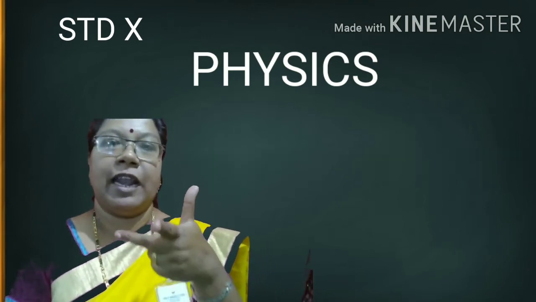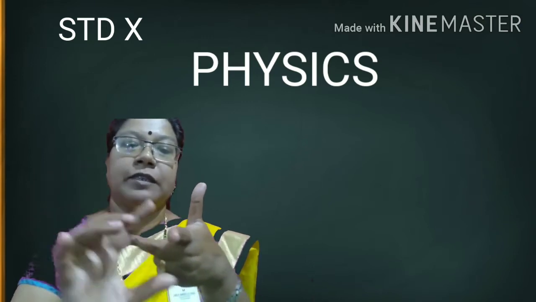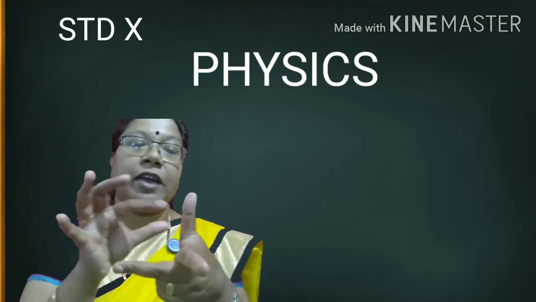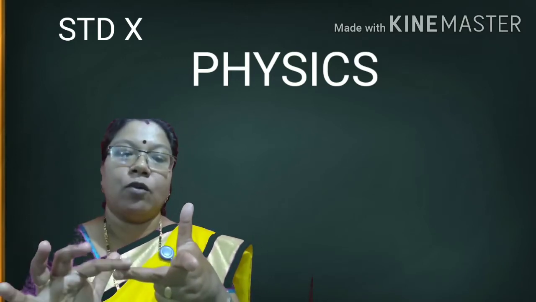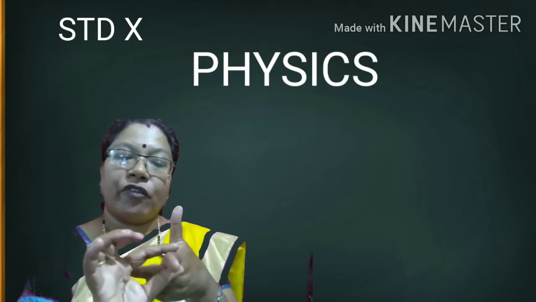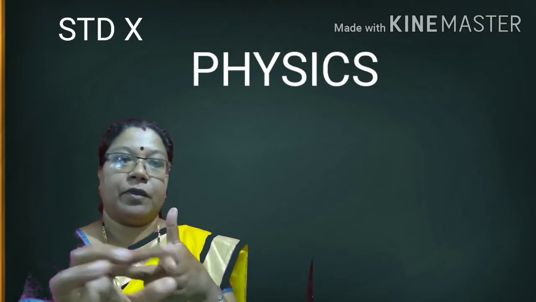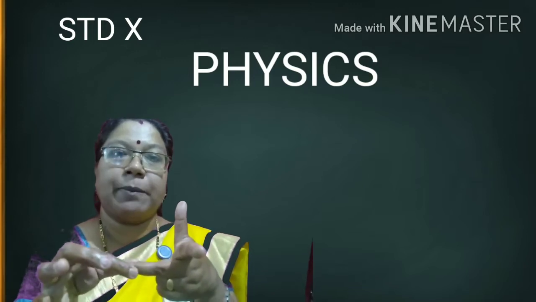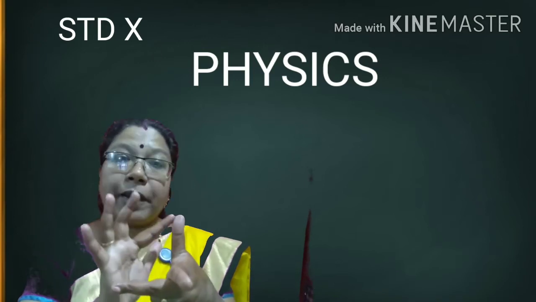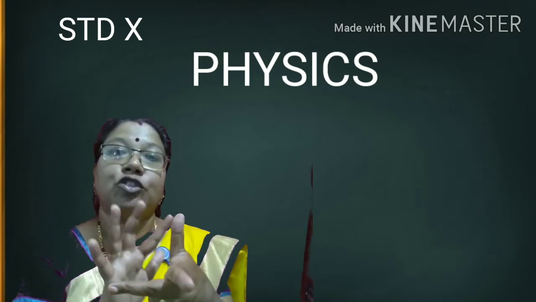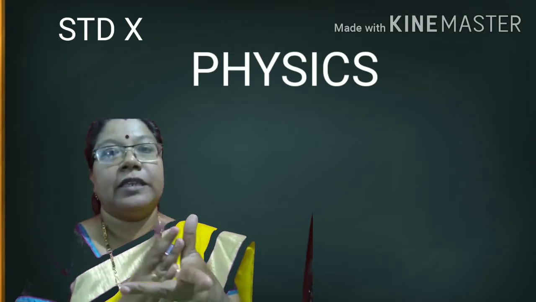We take the three fingers of the left hand in such a way that they are mutually perpendicular: the forefinger, middle finger and the thumb. The forefinger represents the direction of magnetic field. The middle finger represents the direction of current. The thumb represents the direction of the motion of the conductor, or the force on the conductor.